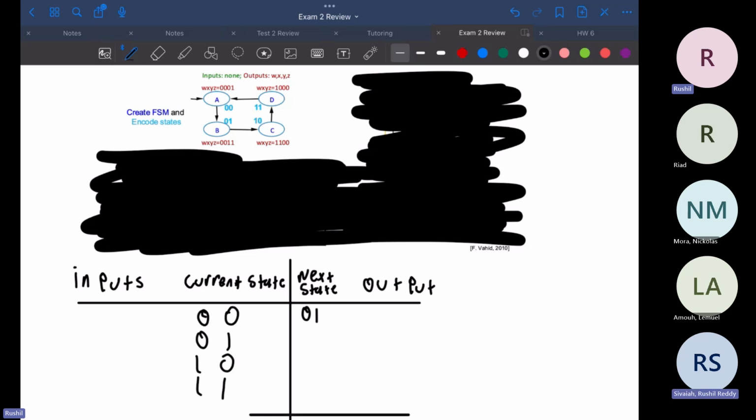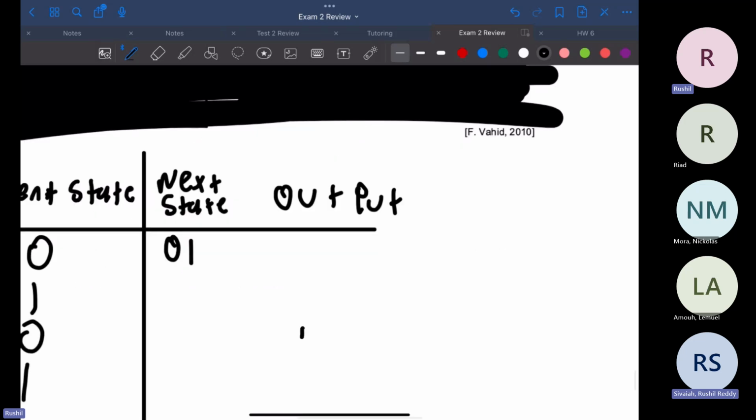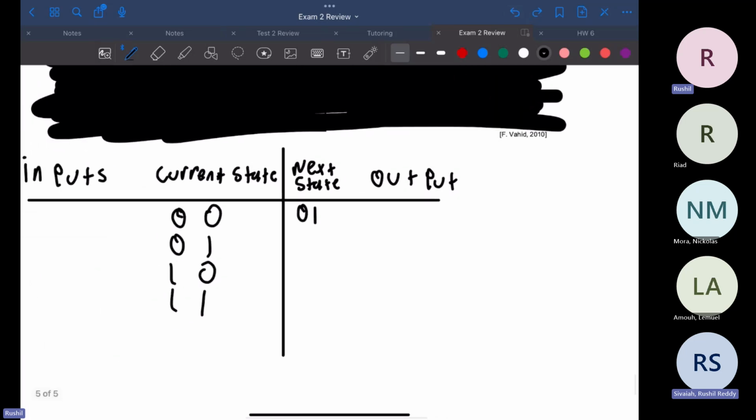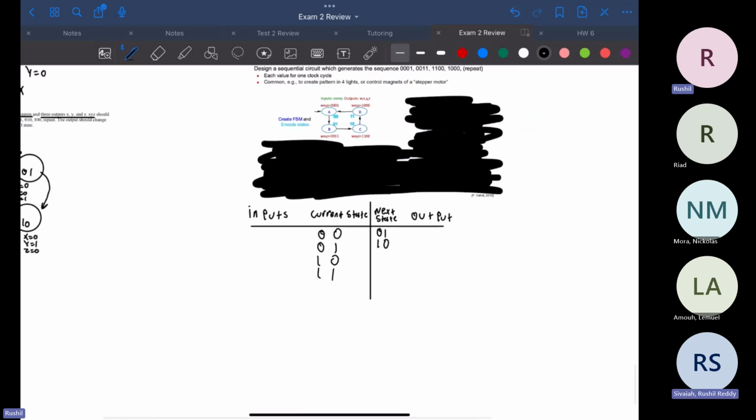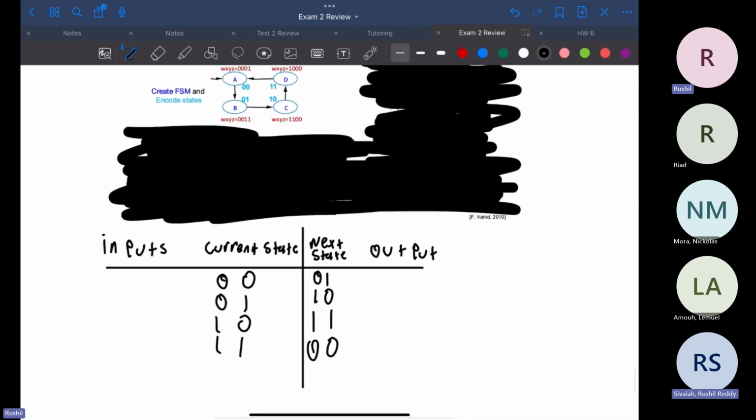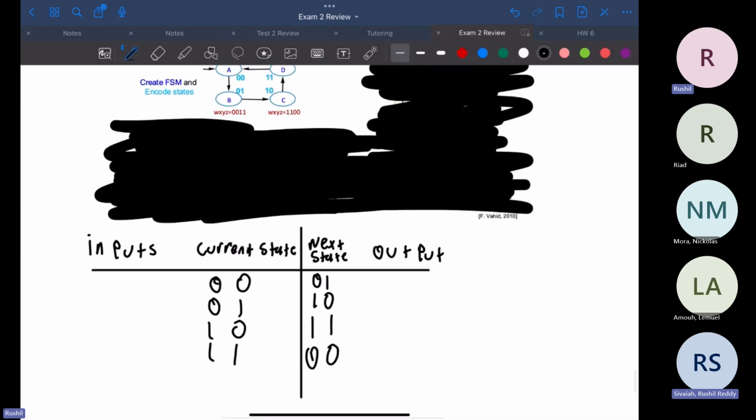Okay, same thing. If we go from 0 1, what's our next state? All right, and then what next? Yep. Okay, and then we're going to follow.